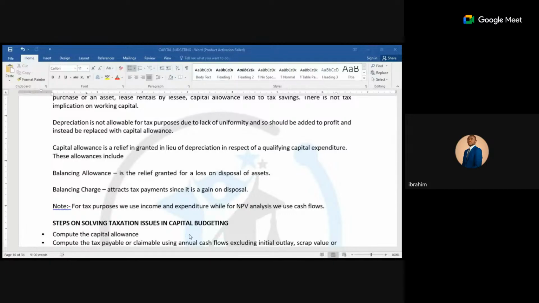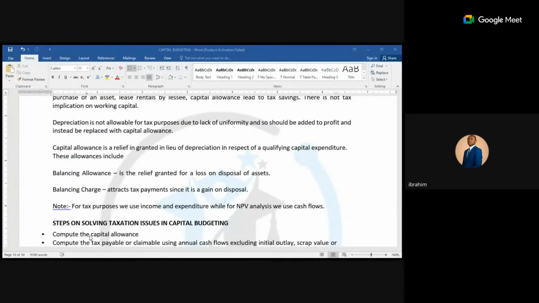Now, balancing allowance or balancing charge. Balancing allowance is when the sales proceed is less than the tax written down value, the value of the what? The assets. So therefore, you have balancing allowance.